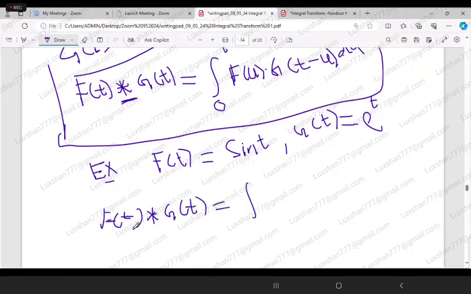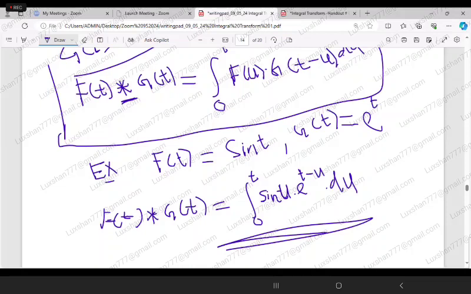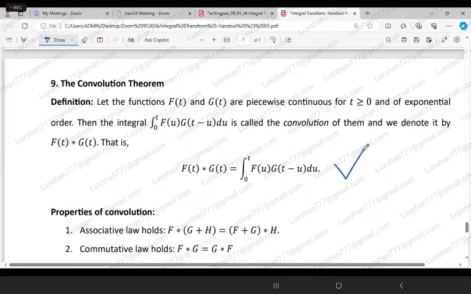Actually, convolution is an operation. So 0 to t, sine u, e to the power t minus u, du. You can take either function because convolution is commutative; later you can see that. So that is the definition of convolution.